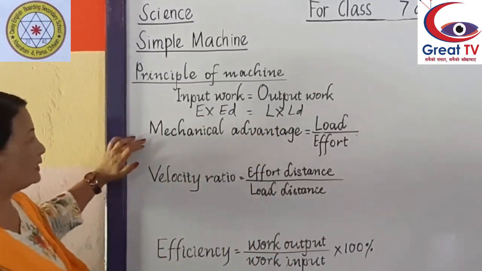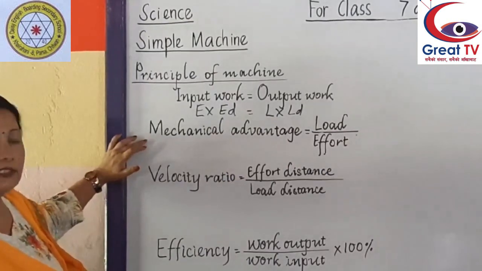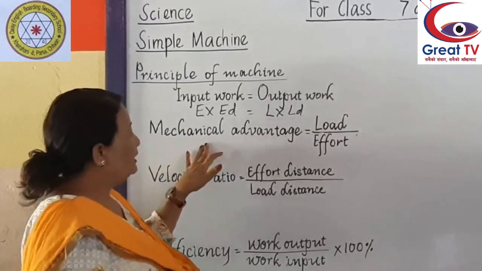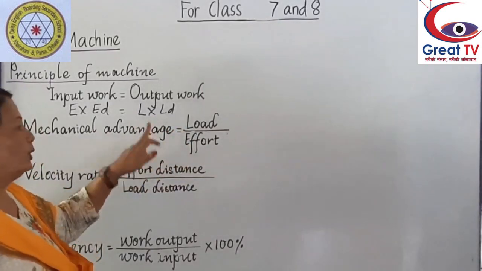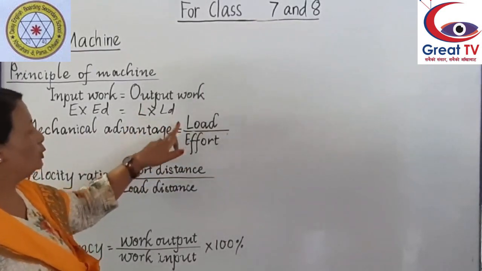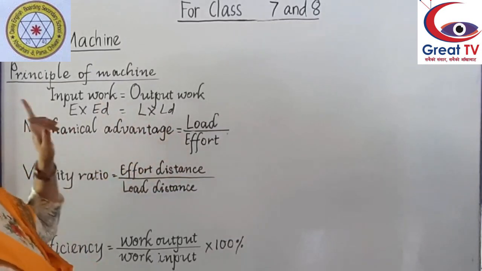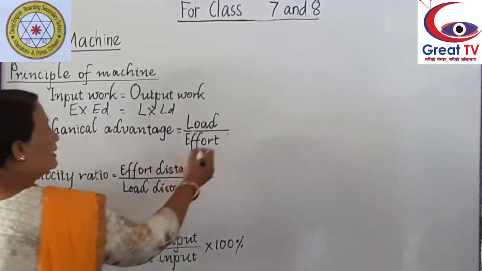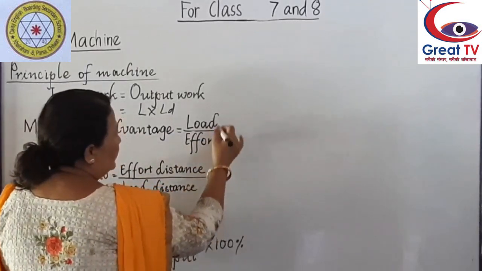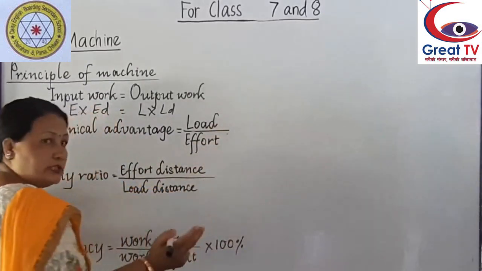Now our next topic is mechanical advantage. Mechanical advantage is equal to load by effort. So the ratio of load to effort in a machine is called mechanical advantage. Load and effort are two forces.